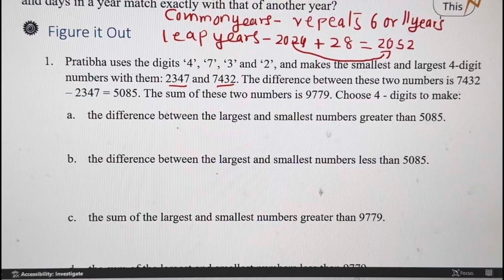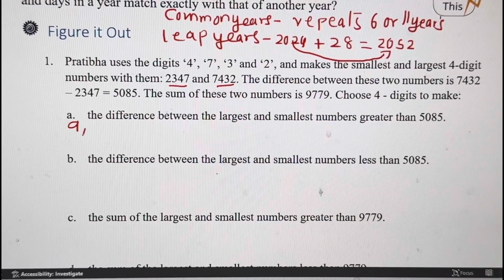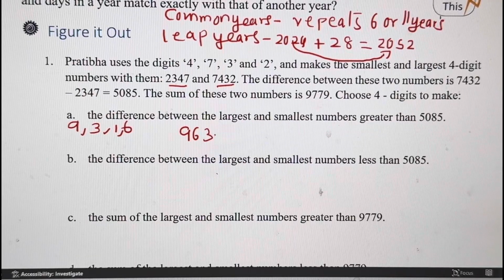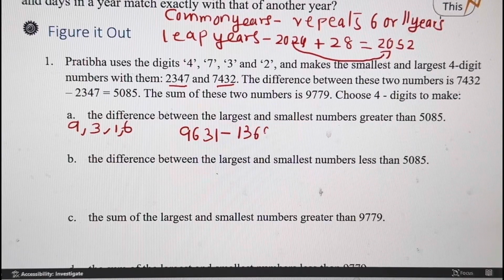So what you can do here, they had taken the digit 7. We can take digits like 9. If you take greater digits, there are more chances of the possibility. So if we take the digits 9, 3, 1 and 6, the largest number will be 9631 and the smallest number will be 1369.